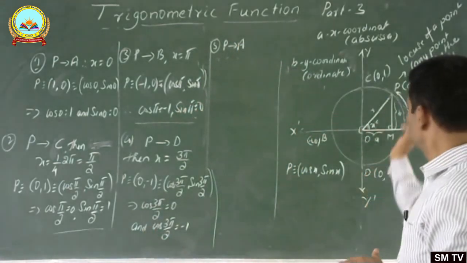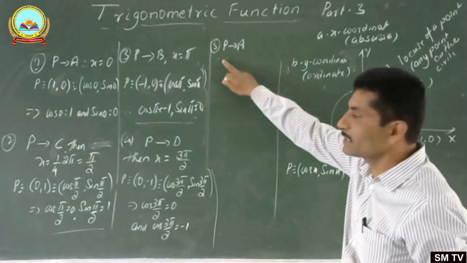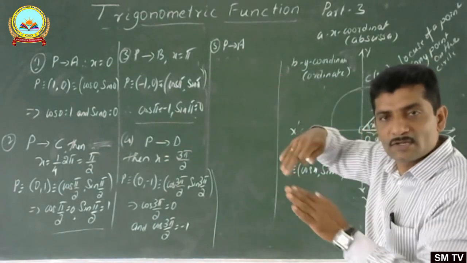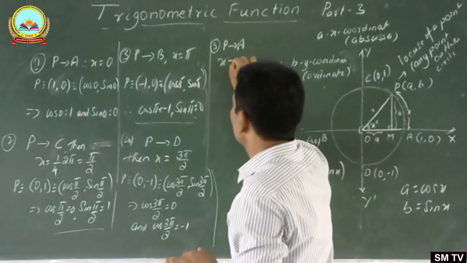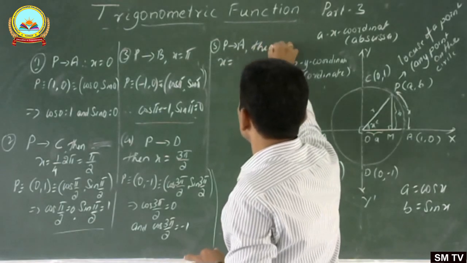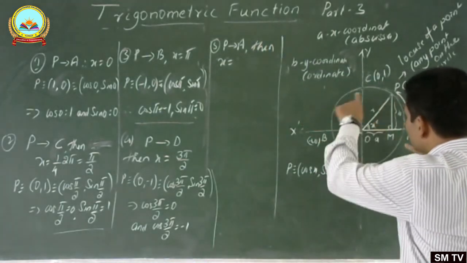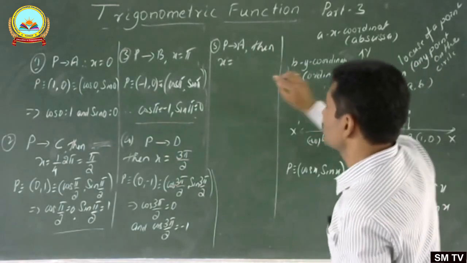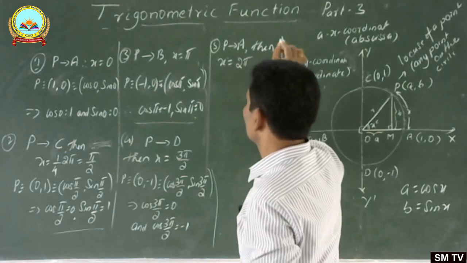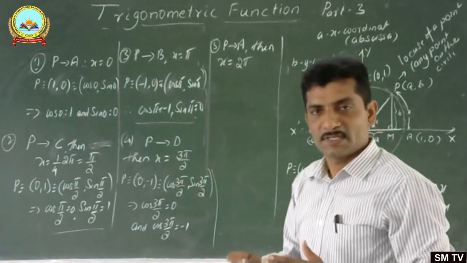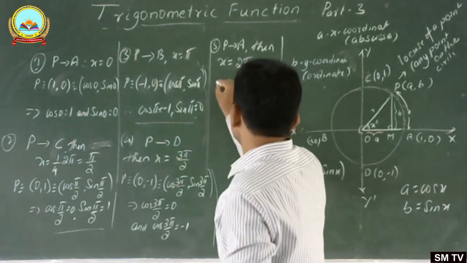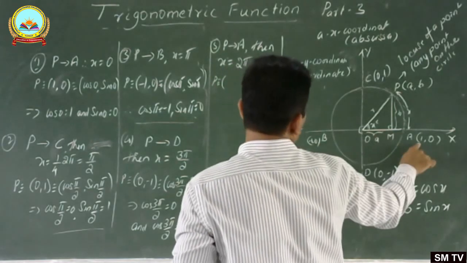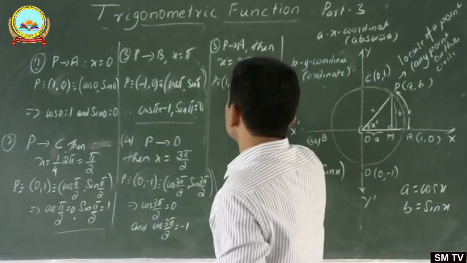After rotation, the terminal point and initial point coincide. Then the value of x is equal to, after rotating, OP coincides with OA, one complete revolution. Here its value is equal to 2 pi radians. It's clear. Then the coordinate of P is exactly equal to the coordinate of A, 1, 0.